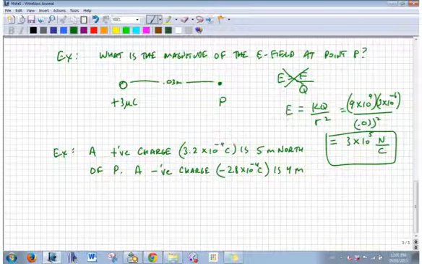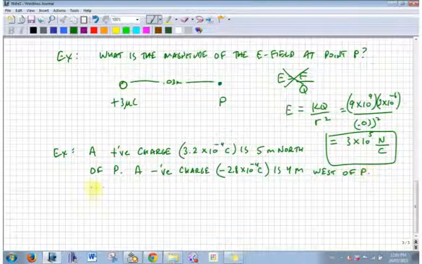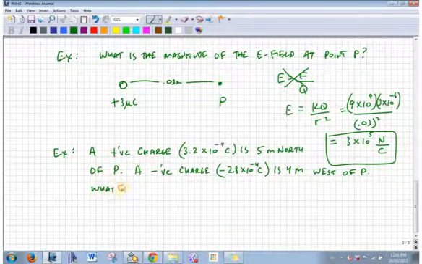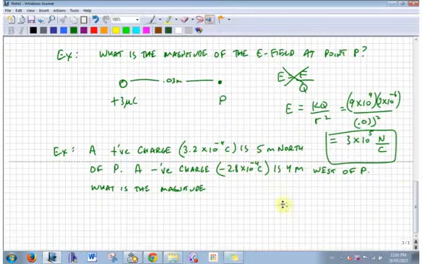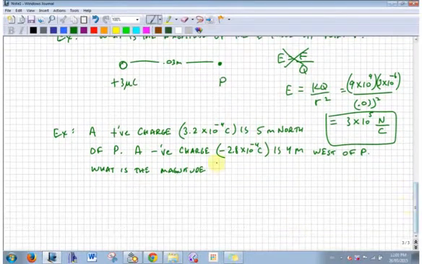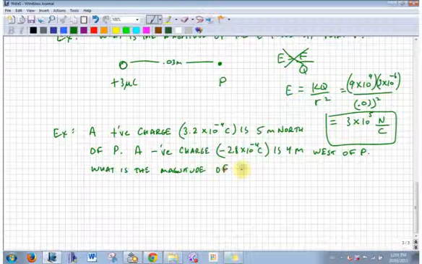Is 4 meters west of P. What is the magnitude, meaning we don't need a vector for direction here, of the electric field at P?